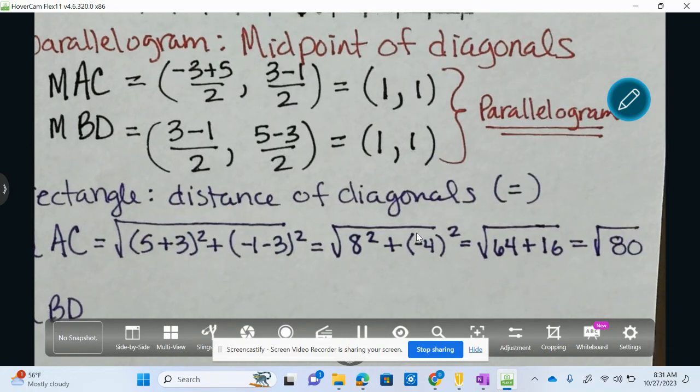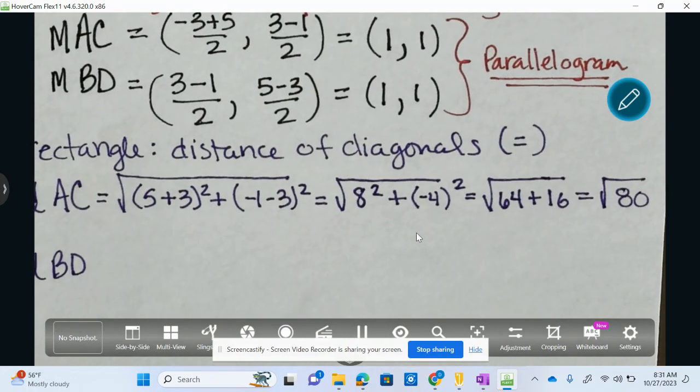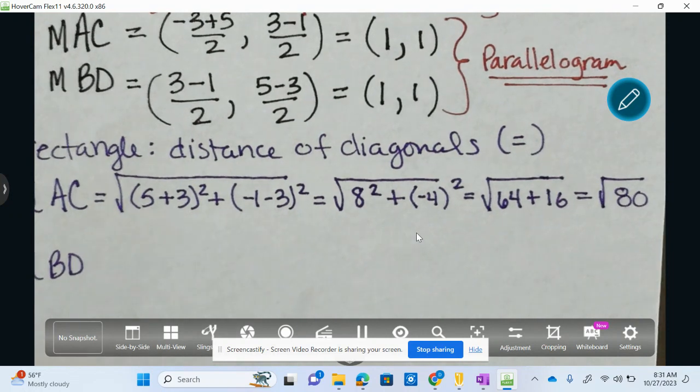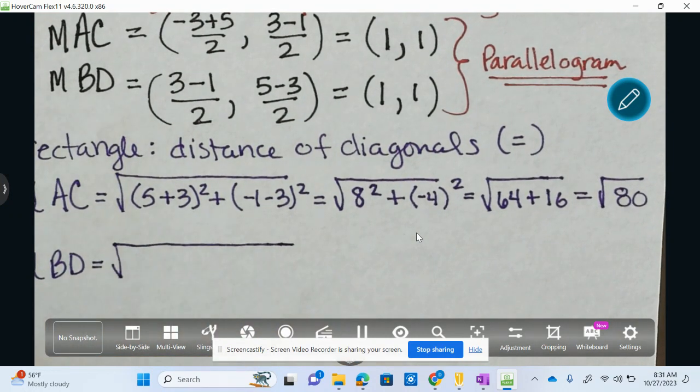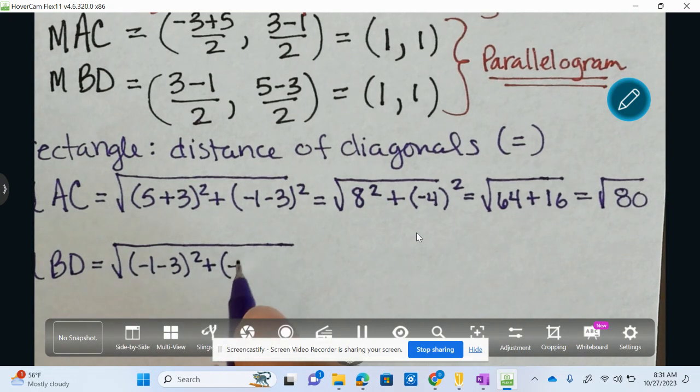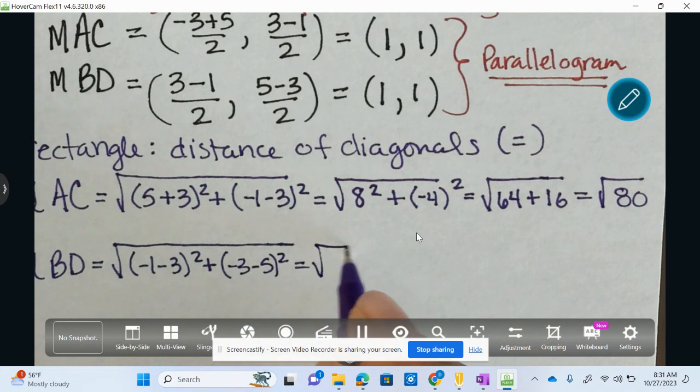So now I'm going to find the distance of segment BD. Let's see. That is my x coordinates, negative 1 minus 3, the quantity squared, plus negative 3 minus 5, the quantity squared.